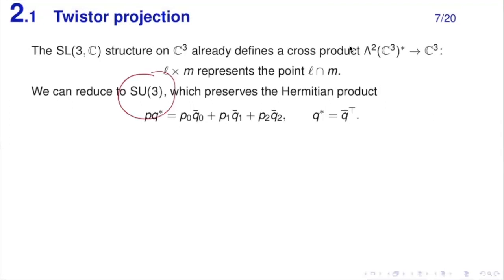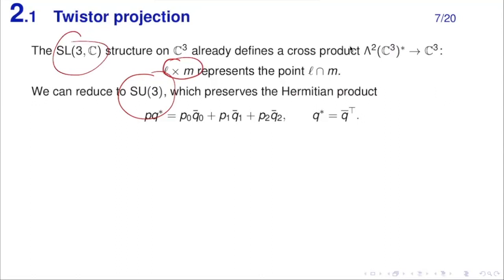Now, it's worth remarking that before we do that, we already have a form of cross product, because the SL3C structure allows you to take the cross product of 2 lines and form a row vector.